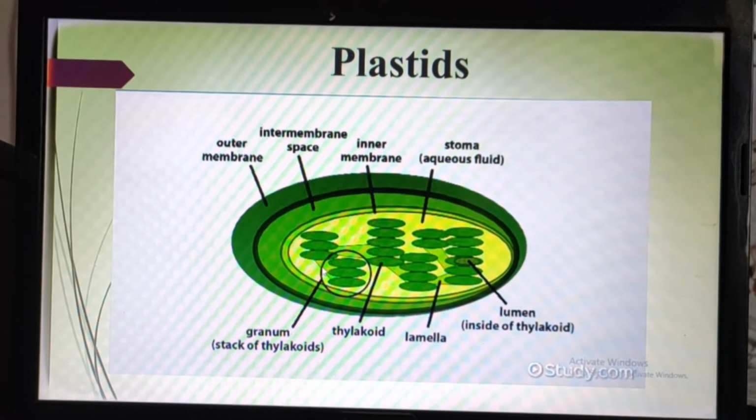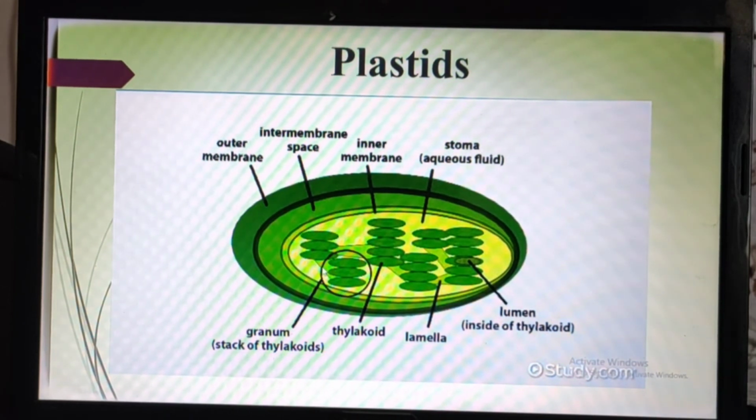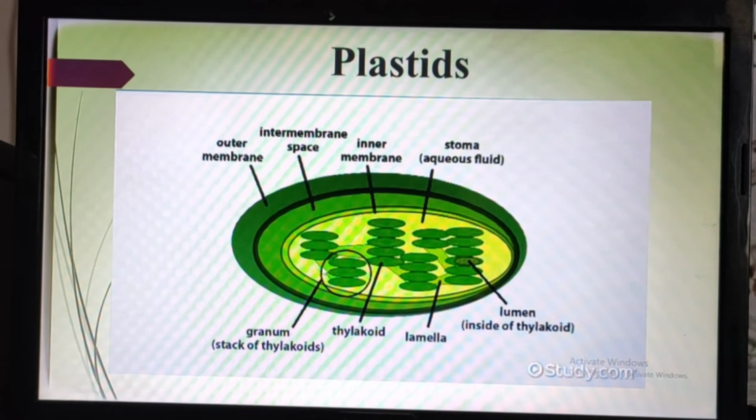In the middle of the leaf, there is the mesophyll, and this mesophyll contains the green regions, and in those green regions chloroplasts are present. This chloroplast has a particular shape called lens shape.